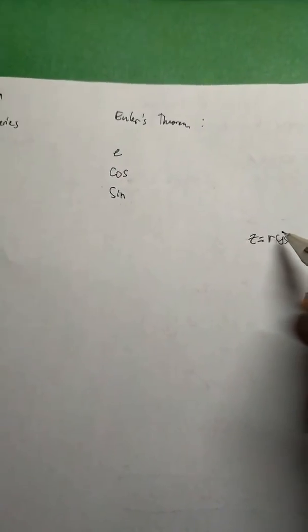So kung ma-recall ninyo sa aton nga trigonometric complex function, trigonometric nga conversion, so may ara kita nga z is equals to RCJS, diba? So related ni siya sa aton nga Euler's theorem.